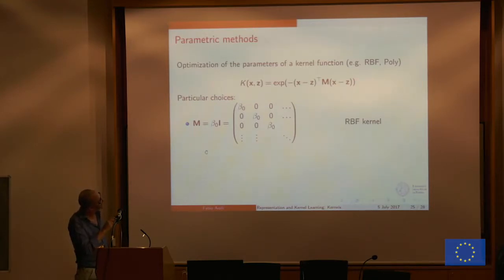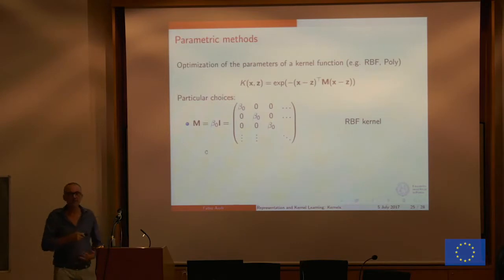So basically you are generalizing the RBF kernel in this way by putting this matrix M and then trying to learn the parameters, the entries of this matrix M, which is a semi-definite matrix, and then to learn the kernel that, for example, maximizes the margin in the training set.